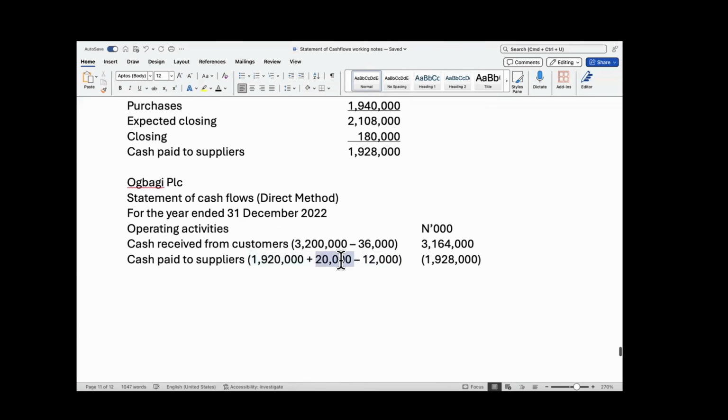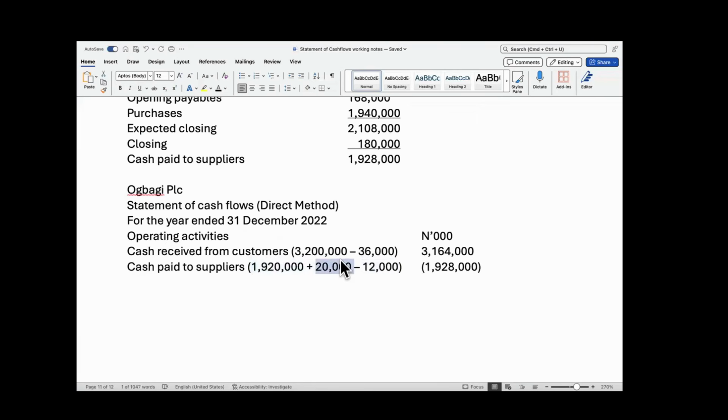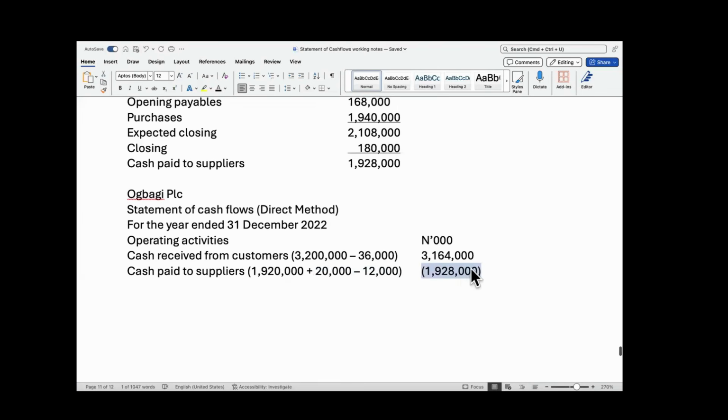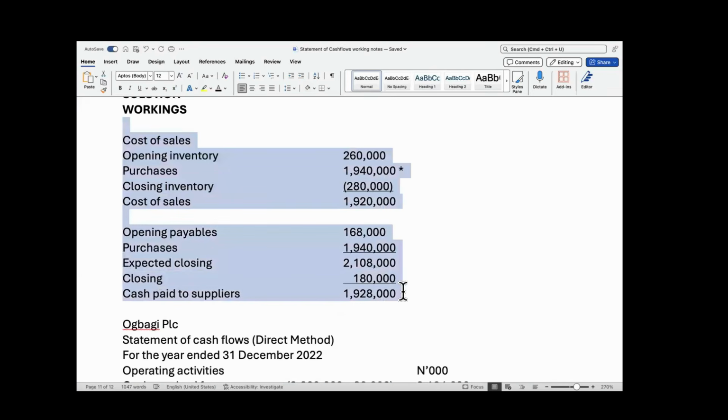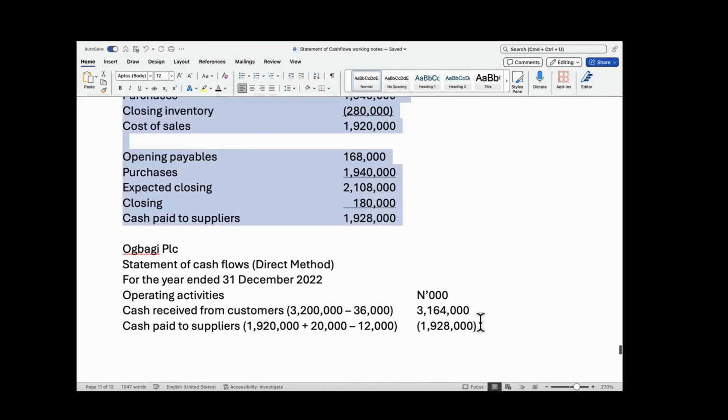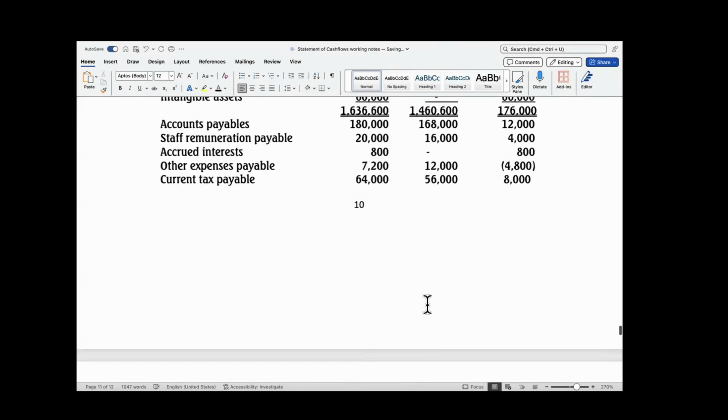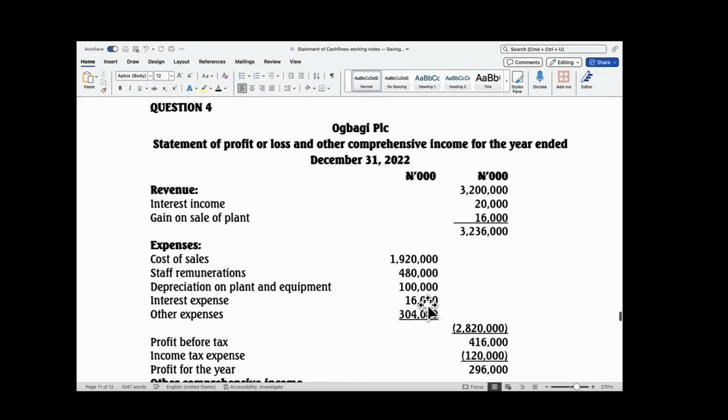First, I bought additional inventory of 20 because my inventory increased by 20, and I'm owing 12, so I deduct 12 for the year. That means this is what I've paid for the year. Choose the one that you like between this one and this long one. Either one is fine. So I'm done with my cost of sales.